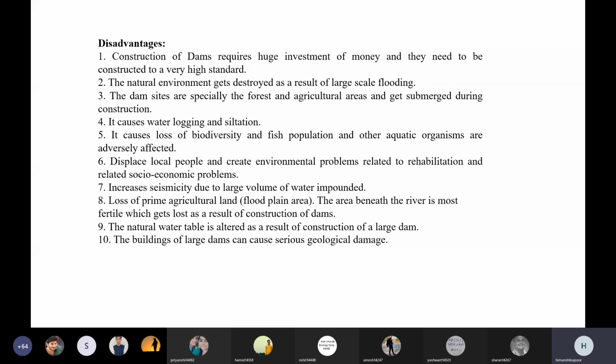So disadvantages also include problems related to local people. You have to displace local people, and then it becomes important to rehabilitate them. Otherwise, they will have a lot of socio-economic problems.